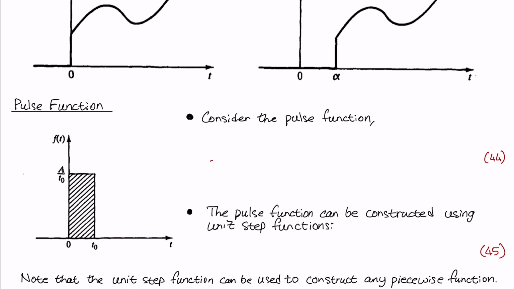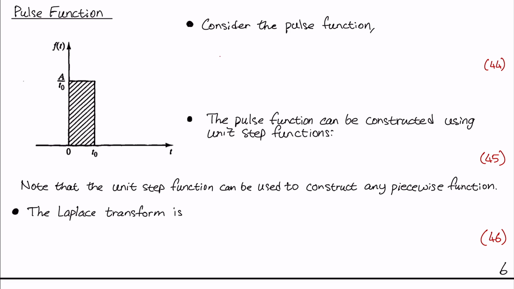It's going to be defined as f of t is equal to 0 when t is less than 0, A divided by t0 for 0 less than or equal to t less than or equal to t0, and then 0 for t greater than t0.